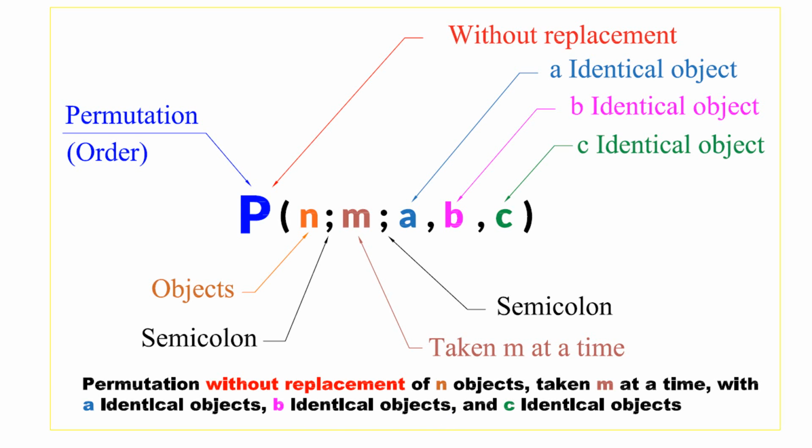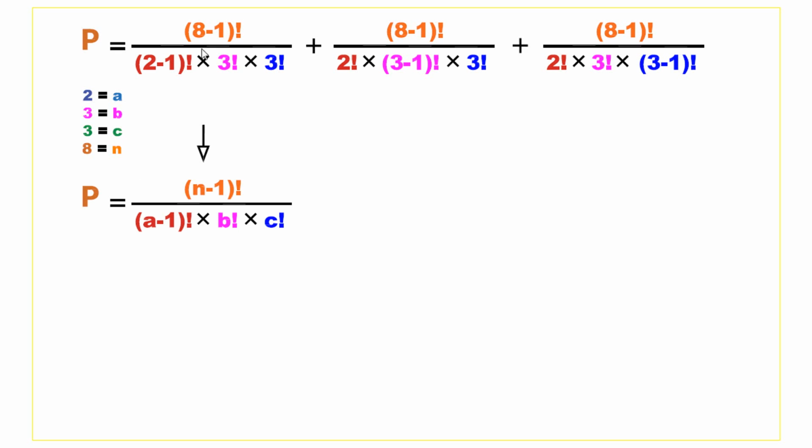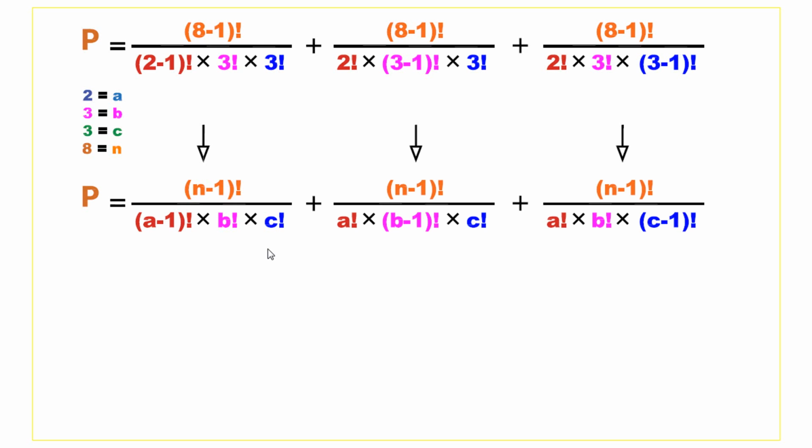And now going back to the permutation numerical terms we found before, we are going to replace every number with its corresponding symbol. So we replace 8 by n, 2 by A, 3 by B, and this 3 by C, and we keep doing that until we finish.